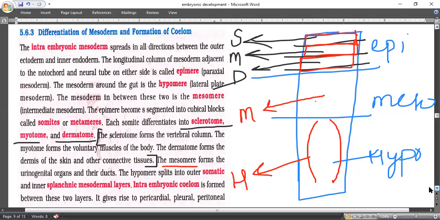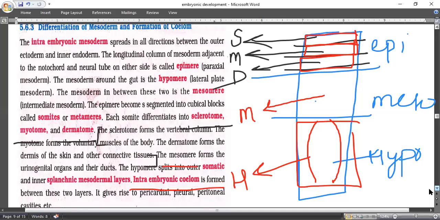So this coelom is there in the embryo, that's why we call it intra-embryonic coelom. So in this paragraph, you need to remember who is going to form whom. That's all. Intra-embryonic coelom is formed between these two layers and it gives rise to pericardial, pleural and peritoneal cavities.